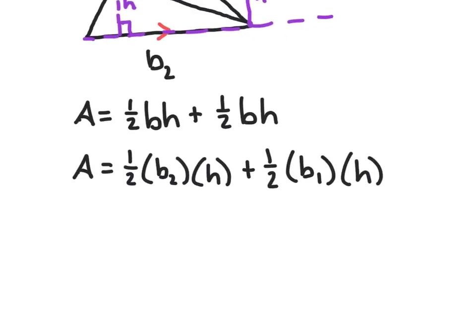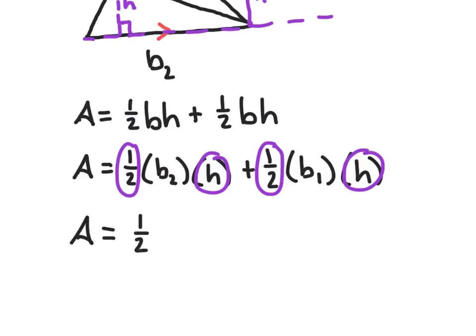All right, well now I want to do a little math magic here. And I want to factor out what I know is the same. I know that the 1/2 shows up in both equations. I know that the h is the exact same number. And so I am going to factor 1/2 h out in front. If you remember factoring from Algebra 1.